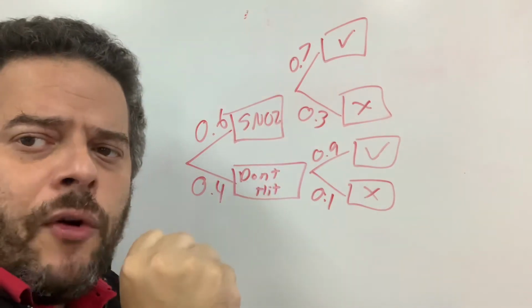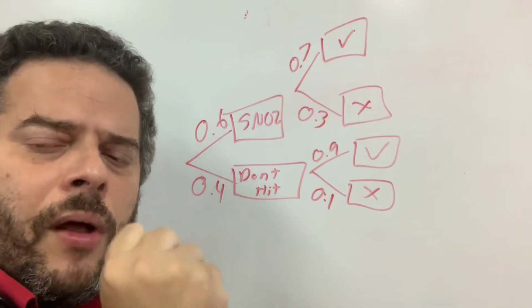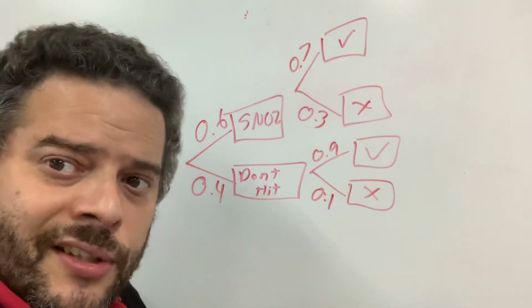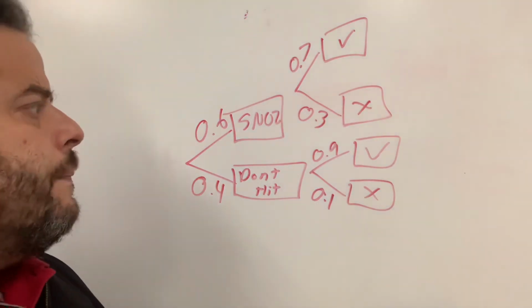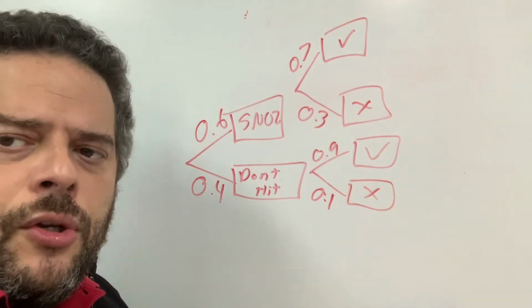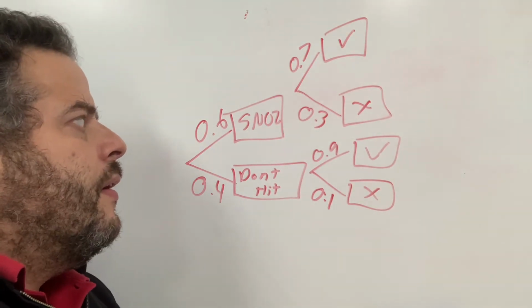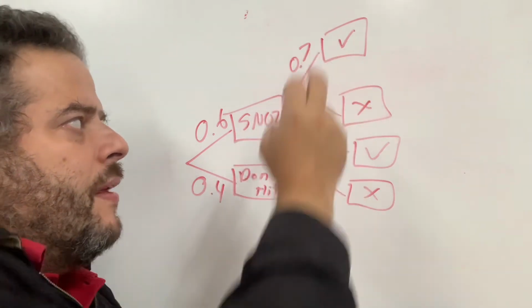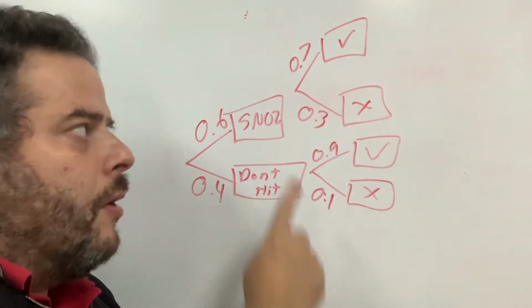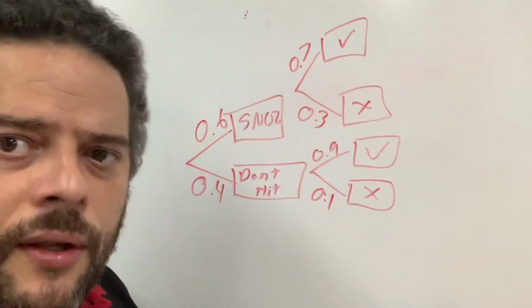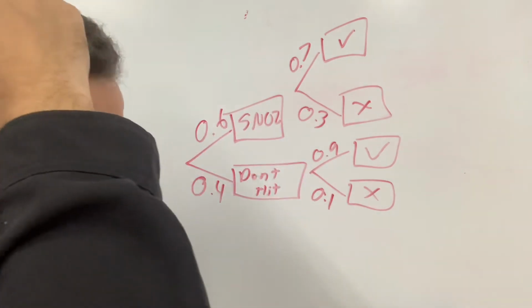So tree diagrams are very easy ways to tell whether some probabilities are conditional or not. So again, if they tell you, what is the probability of being on time and hitting the snooze button, well, you've got it right here. You can just use the tree diagram to plot these things out.